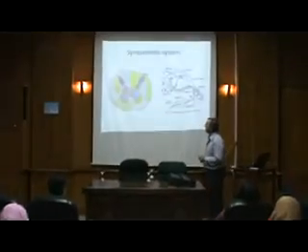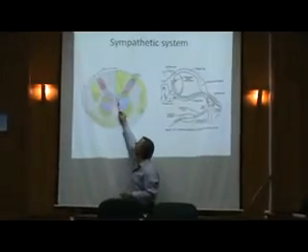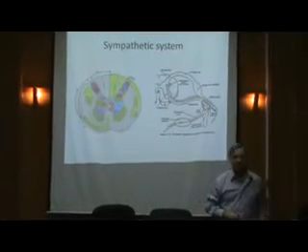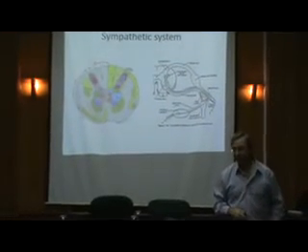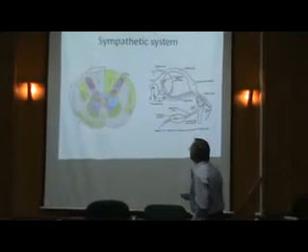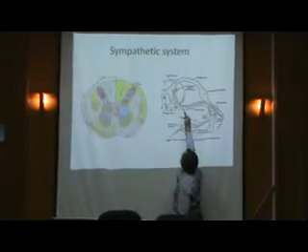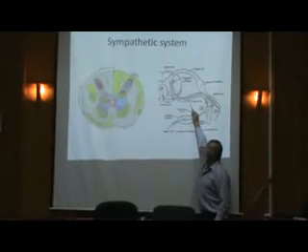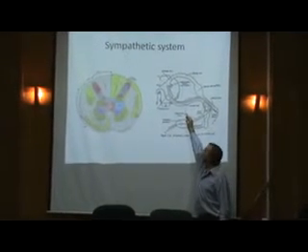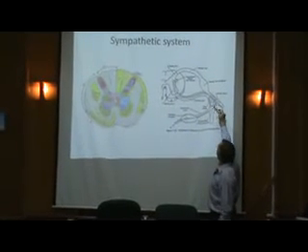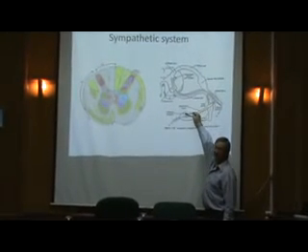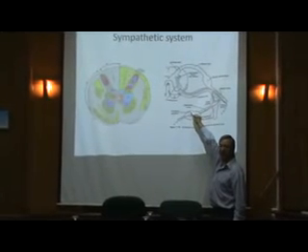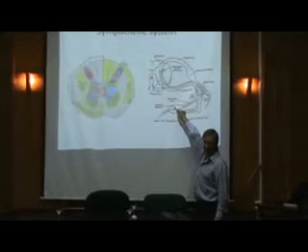Sympathetic system. Okay, so the sympathetic system is represented in the area between the dorsal and ventral horns. This area contains neurons which live together with motor fibers and then enter in all the ganglia derived from the neural crest.